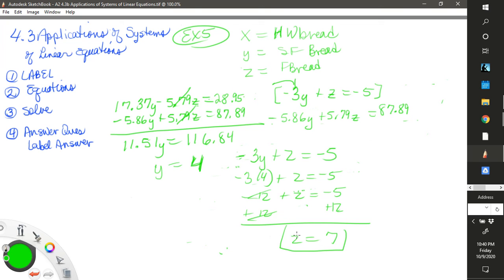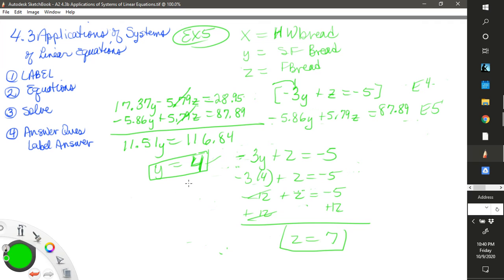Okay, these two answers are correct so far. Had we done our computations right in one of the steps that preceded this, y would have been 4. We are then going back into one of our original E4 or E5 two-variable equations, subbing in the value of y, and solving for the value of z. Z was 7. We've got a y is a 4 and a z is a 7.